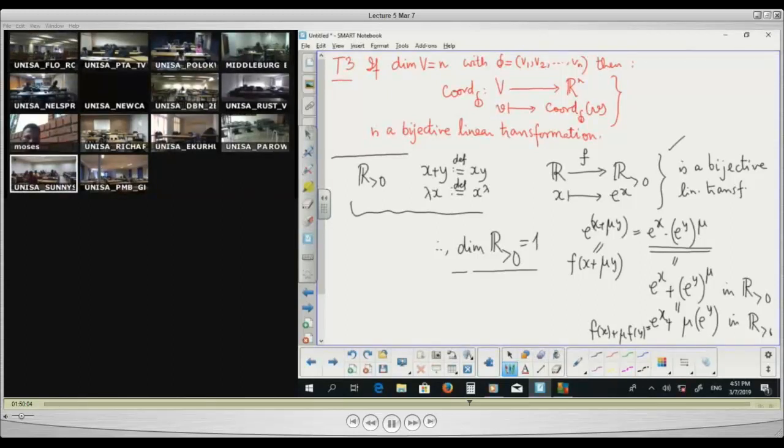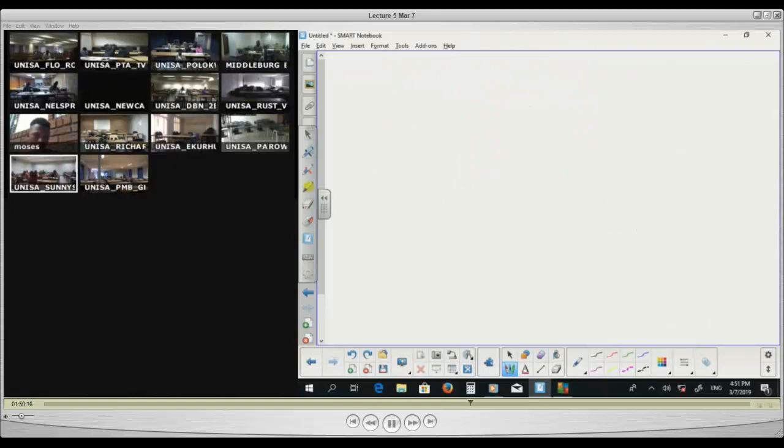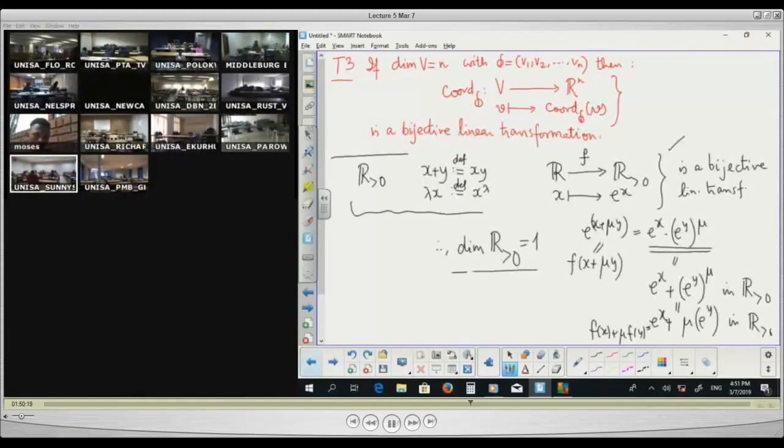Sorry, sir. Sorry to take you back. What you just explained now, I did not get it. What that gentleman was asking, like the e to the power x times e to the power y, and then e to the power y to the power mu. How is it related to the one that has plus there? What is your addition in positive reals in this vector space?